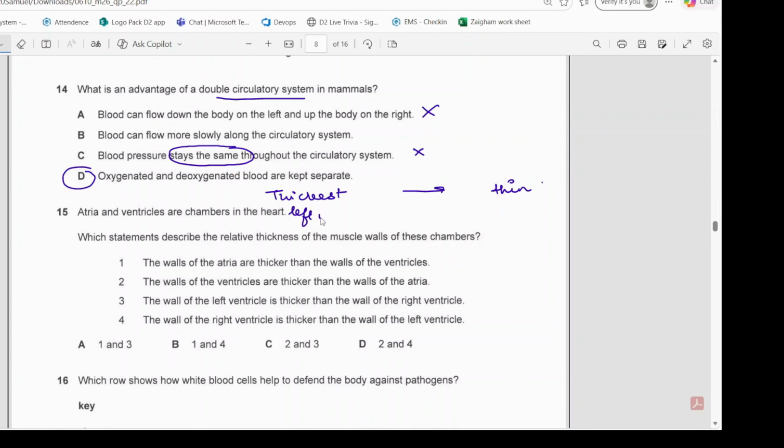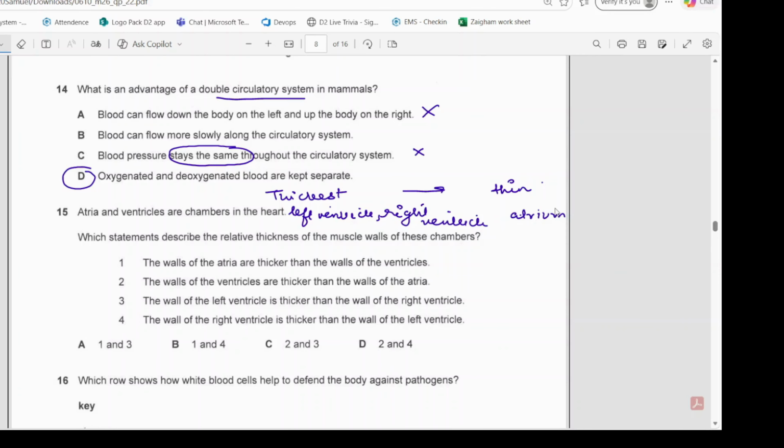Left ventricle, then right ventricle, and then atrium. Exactly.